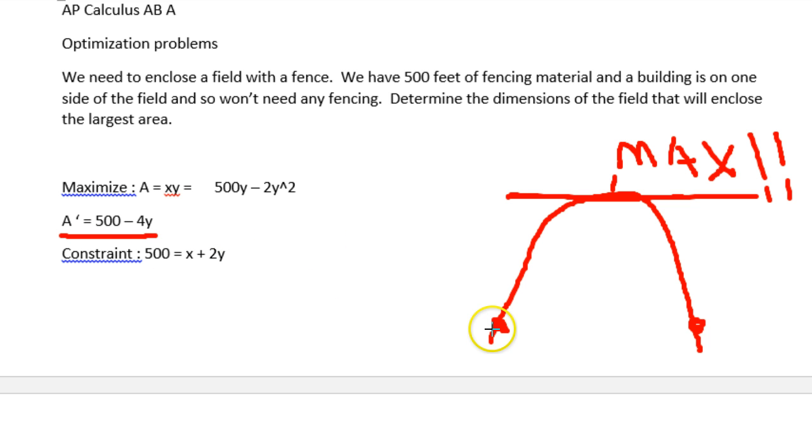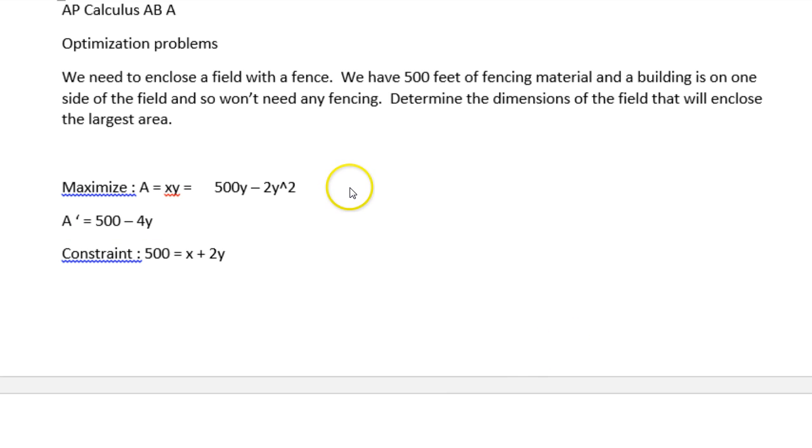Now, what two points are we going to be looking at? The interval is going to be 0 to 250. Why 0 to 250?